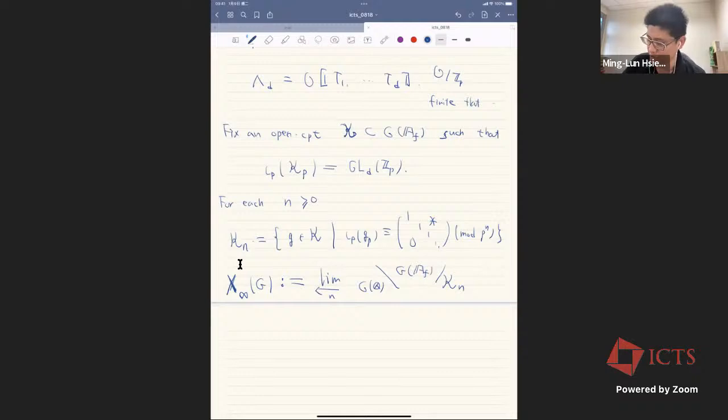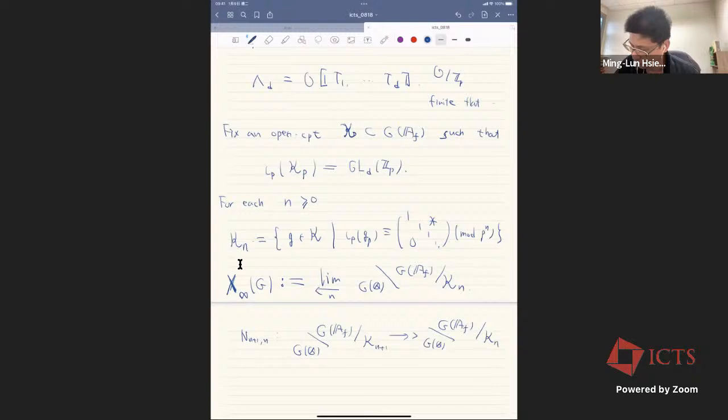This inverse limit is taken with respect to the natural projection maps, which are denoted by this.